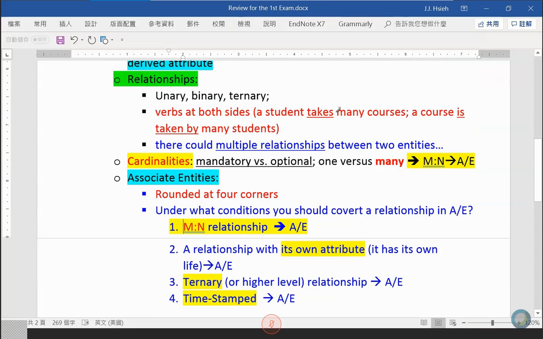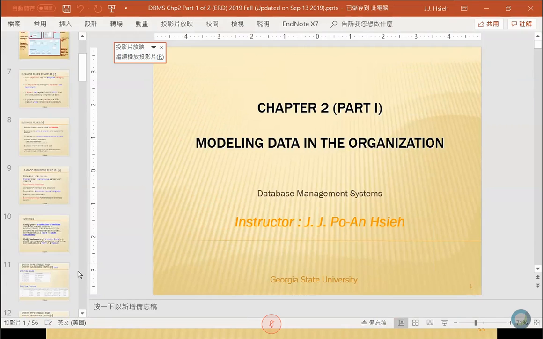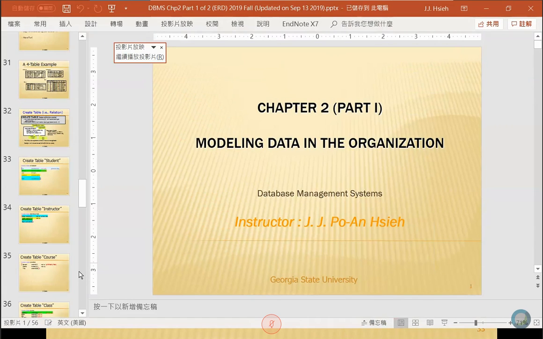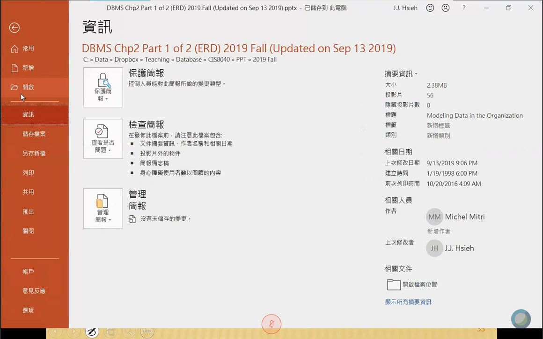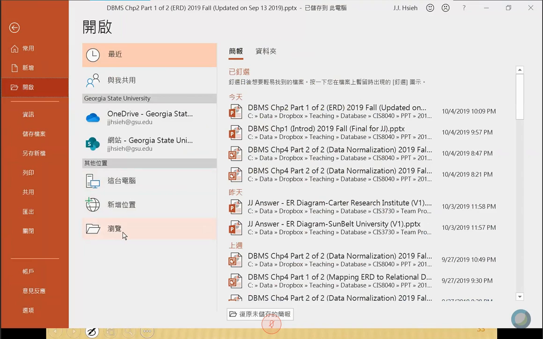The PowerPoints for chapter 2, part 1, ER diagrams. Part 2, I think it's part 2. In a second, I'm going to open the file, part 2 of chapter 2.